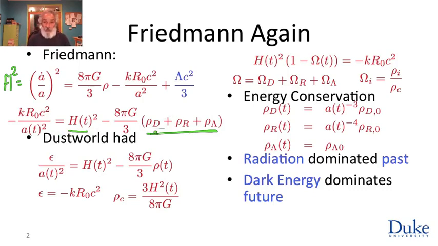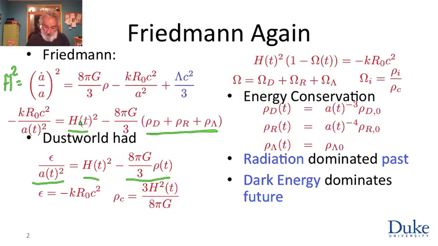First, looking at this equation, it should appear very familiar. If you remember the equation for our Newtonian dust world, the energy conservation equation we wrote then had this form: epsilon over a squared is H squared minus 8πG over 3 rho of t. So these equations are similar, very formally identical, in fact.